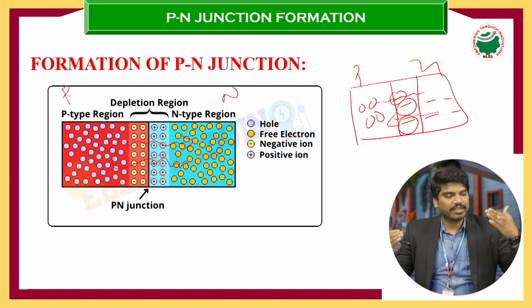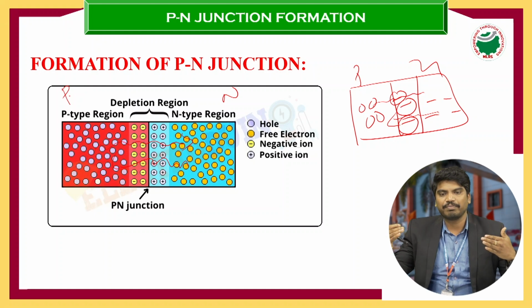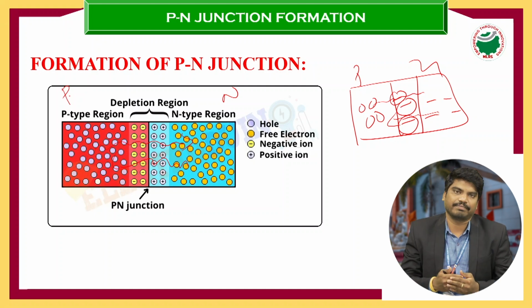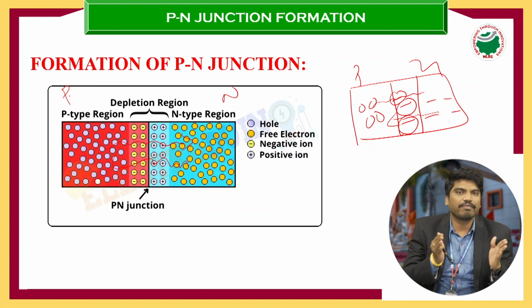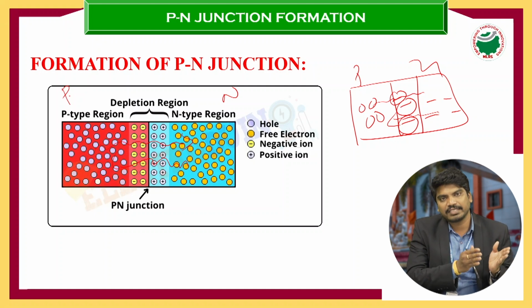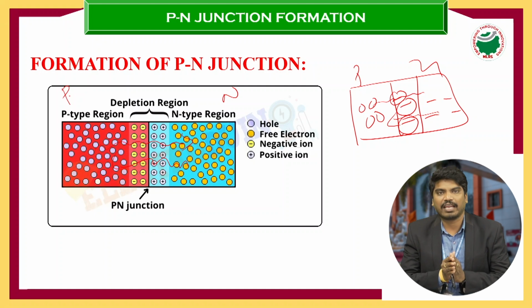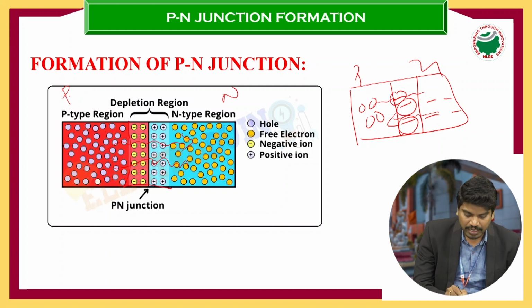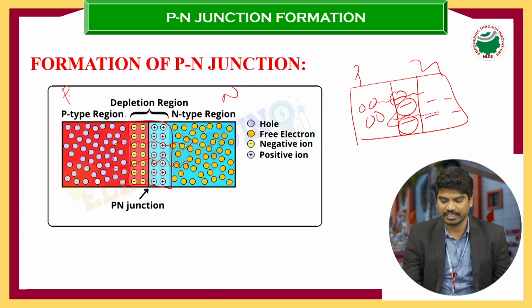This electron from the n side and this hole from the p side will be recombined and get stability. So whoever comes first from the n side will be recombined with the holes, and whoever comes from the p side will be recombined with the electrons, and they will form a special region called the depletion region. This is the region where the recombination of electrons and holes takes place.